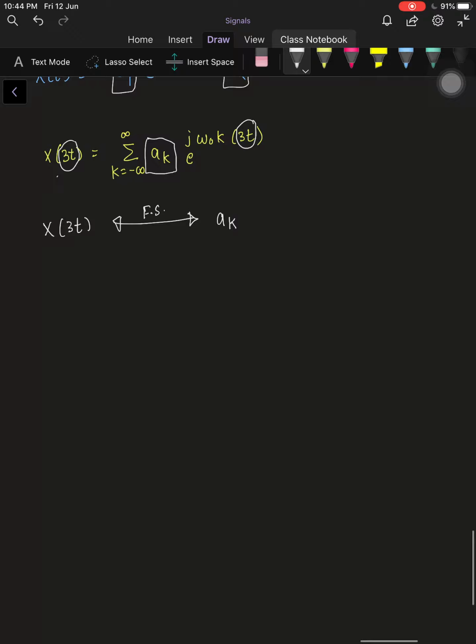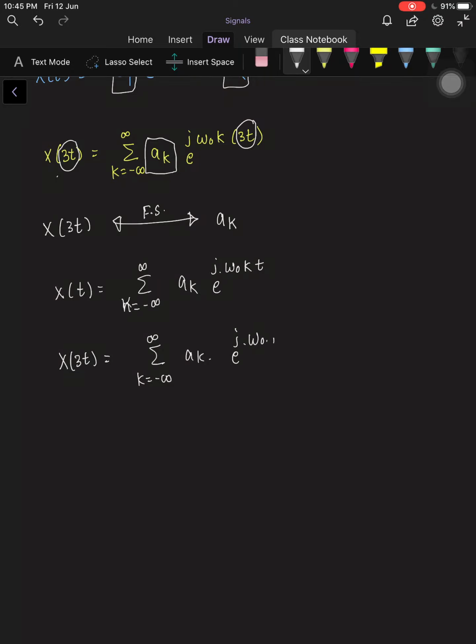Or in other words, let's write the same equation. x of t is the sum of ak e power j omega naught k t. Now we are slightly modifying the equation. x of 3t is the sum over k from minus infinity to infinity of ak e power j omega naught k into 3t.